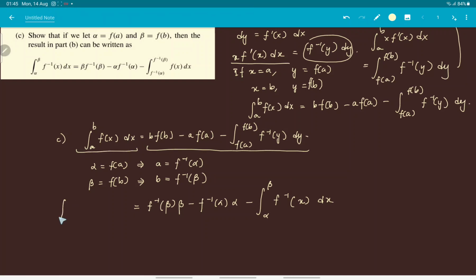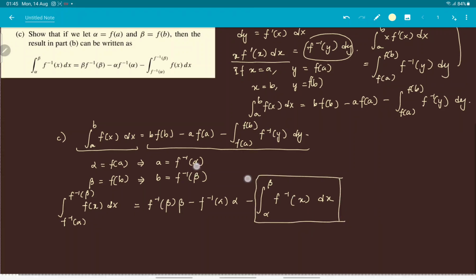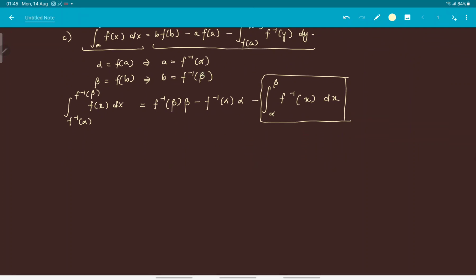The left hand side of the equation will be, as we know, a equals the inverse of f(alpha), and b is the inverse of f(beta), and our f(x) dx can be written as f(x) dx too. So now we are trying to find this, so you can express this term.